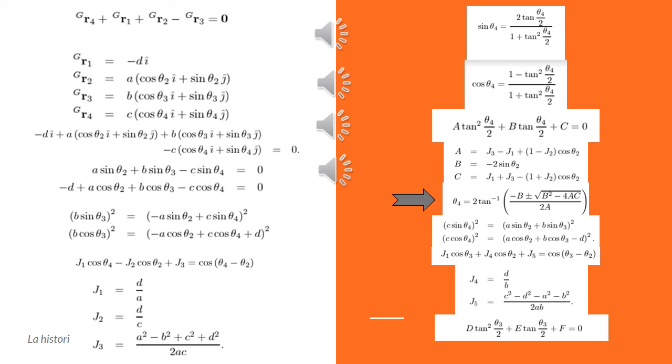To derive the relationship between the input angle 2 and the output angle 4, the coupler angle 3 must be eliminated between the equations.